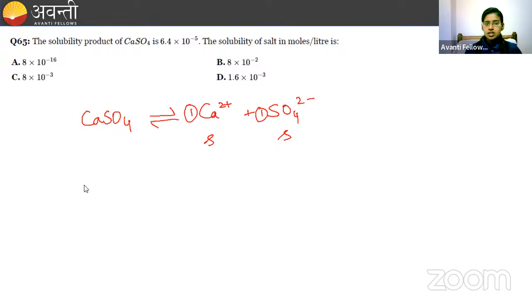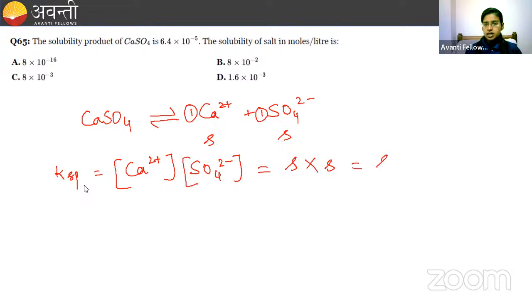The solubility product, which is denoted by KSP, is equal to the concentration of the cation into the concentration of the anion. The solubility is given for both, which is S into S. It can be written as S square, and the solubility product, S square, is given as 6.4 into 10 to the power minus 5. This is the value of S square, but we need to find the value of S, which is the solubility.